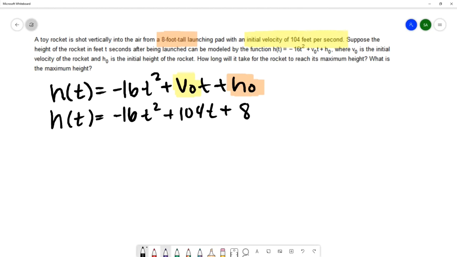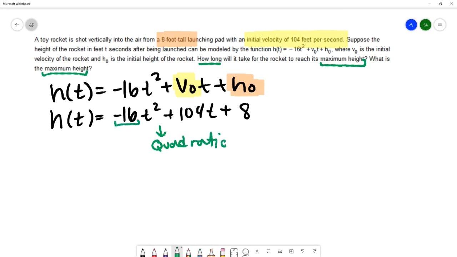Now the goal of this question is to identify how long it will take to reach its maximum height and what is the maximum height. So what we notice about this particular function is that this function is a quadratic.